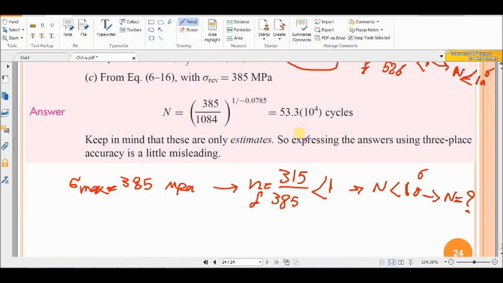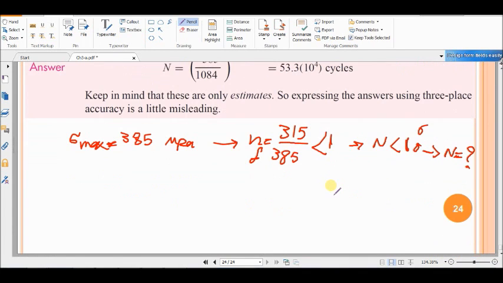So the number of cycles would be 53.3 times 10 power 6, which is less than 1 million cycles. It is less than 10 power 6.